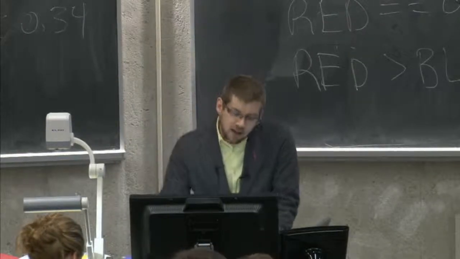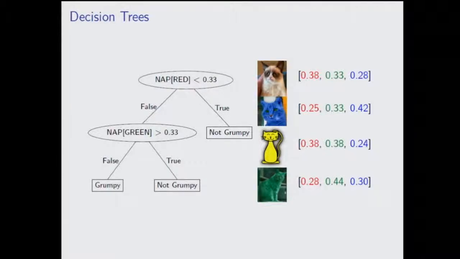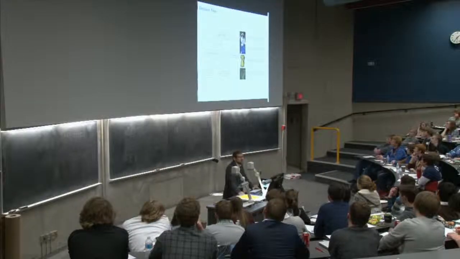So any image that I can get a nap for, I can put through this tree, and I can get an answer, right? And I can put a new unseen cat that I have not seen before through this, and I can see what it thinks. Anybody tell me what the green cat ends up as? Not grumpy.